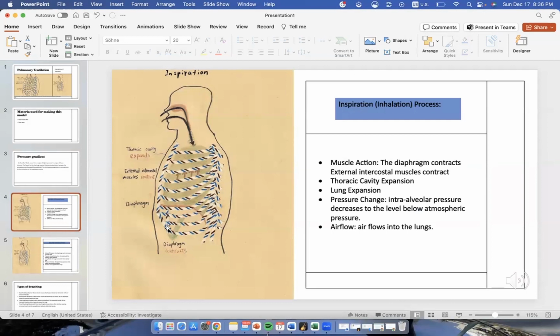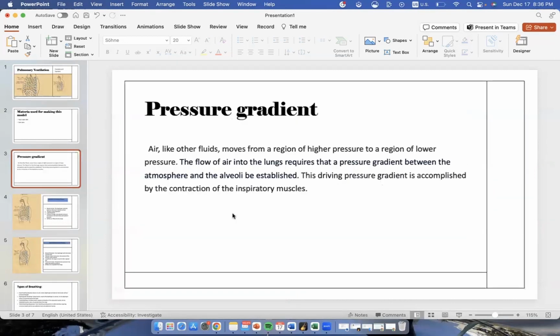Let's talk about the inspiration process. Before this, we need to introduce the key concept of this chapter, the pressure gradient. As we all know, pulmonary ventilation in the lungs is mainly driven by the pressure gradient. The air is just like other fluids.